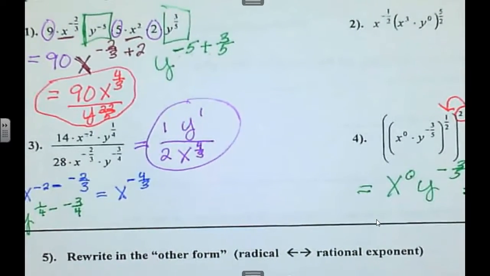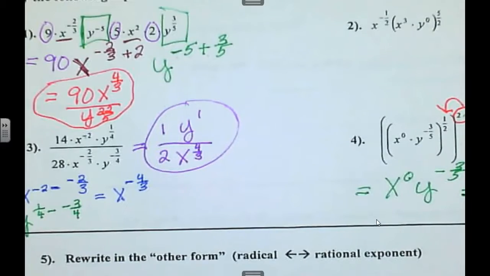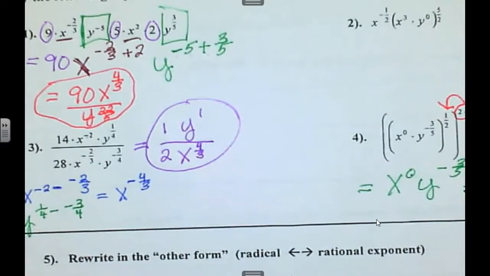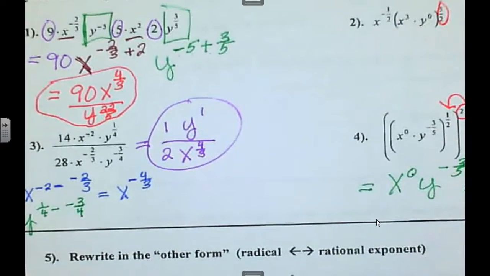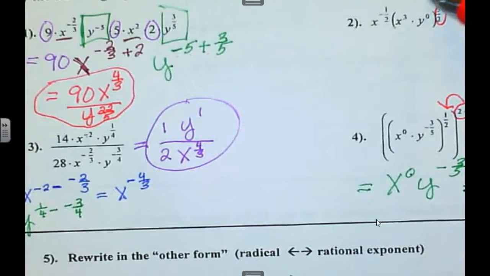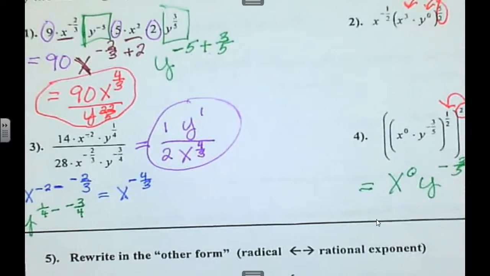number 2. The first thing I have to do, like everything else we do in math, parentheses, right? I have to distribute, is that 5/2? To each one inside the parentheses, not the x to the negative 1/2.